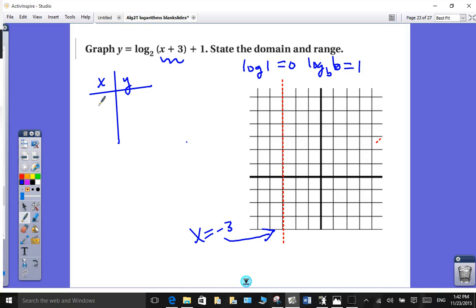What would I plug in for x so that x plus 3 equals 1? Negative 2, right? So that'll be negative 2 for x. And that means I'm taking the log of 1, which is 0. And 0 plus 1 is 1.